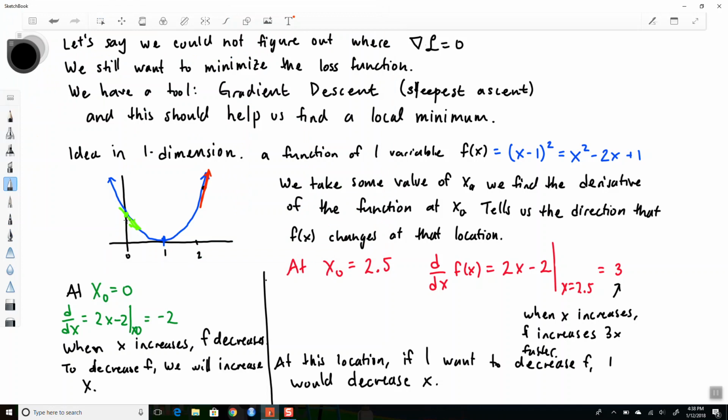If the derivative is negative at that point of x, and we want to decrease f, then we would increase x, okay? So that's the idea that we have, and we just generalize this to the multivariate case, all right?